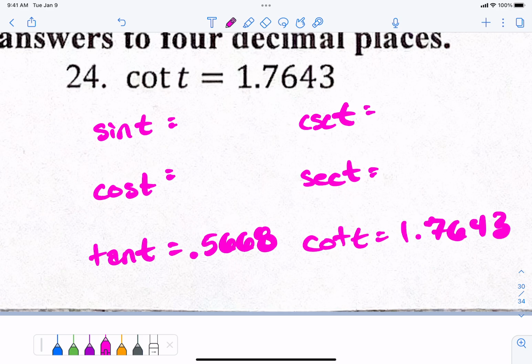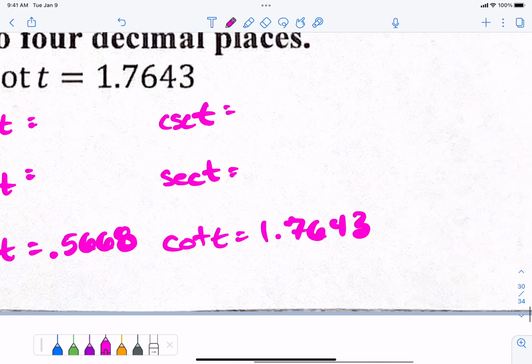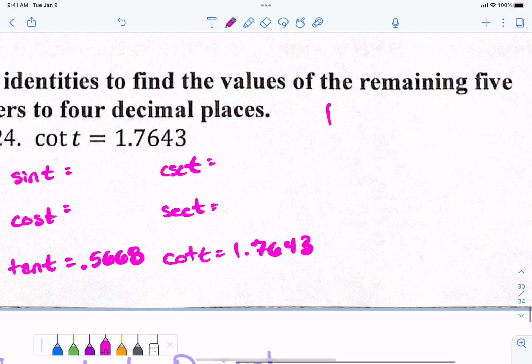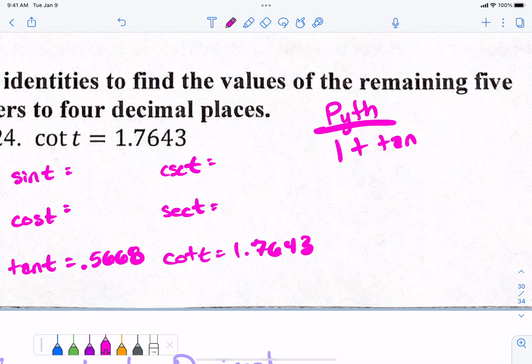We have options. We have to use the Pythagorean identity next. We're either going to use the one that involves tangent or the one that involves cotangent. Doesn't matter. Tangent. Okay, what's the Pythagorean identity that involves tangent? 1 plus tangent squared is equal to secant squared.